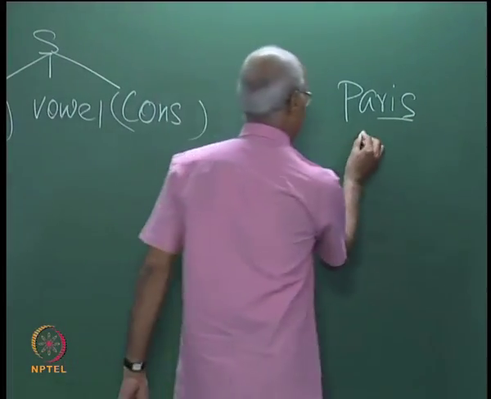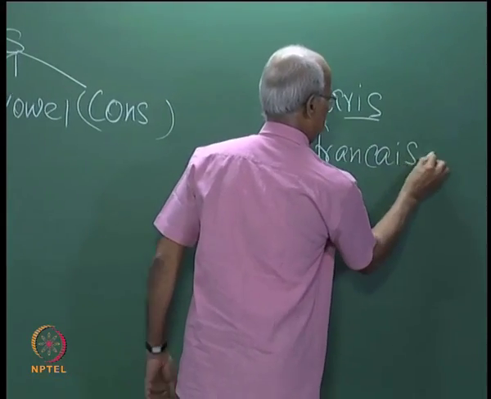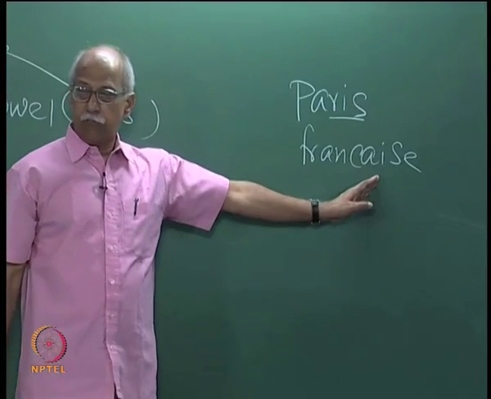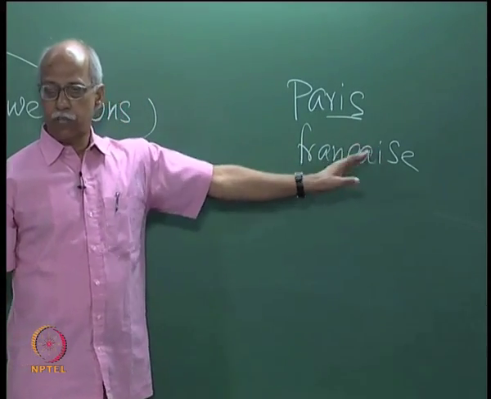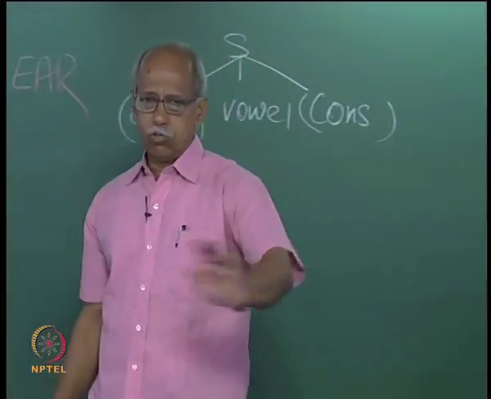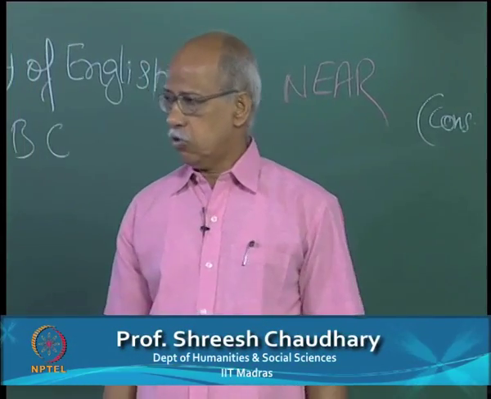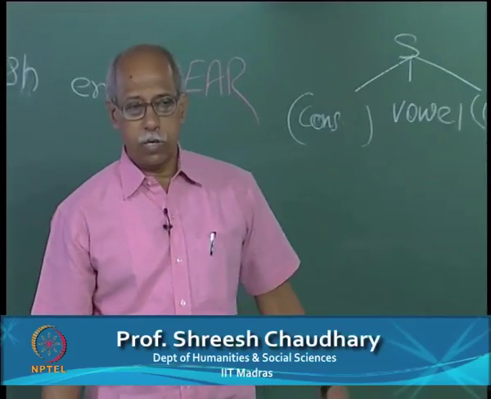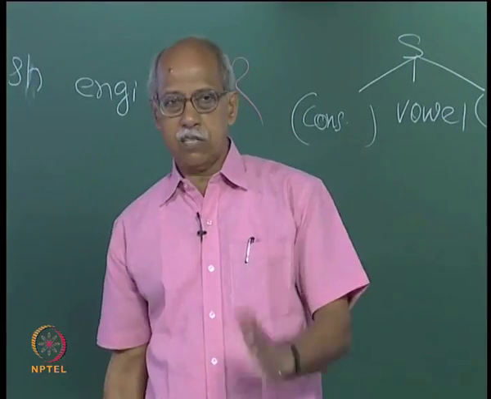They always, in English, sorry, in French, they pronounce it as Francais. It is always the final syllable, no exception. Cassette, that is a French word. So, what we say parliament, they say parlement. It is always the last syllable.